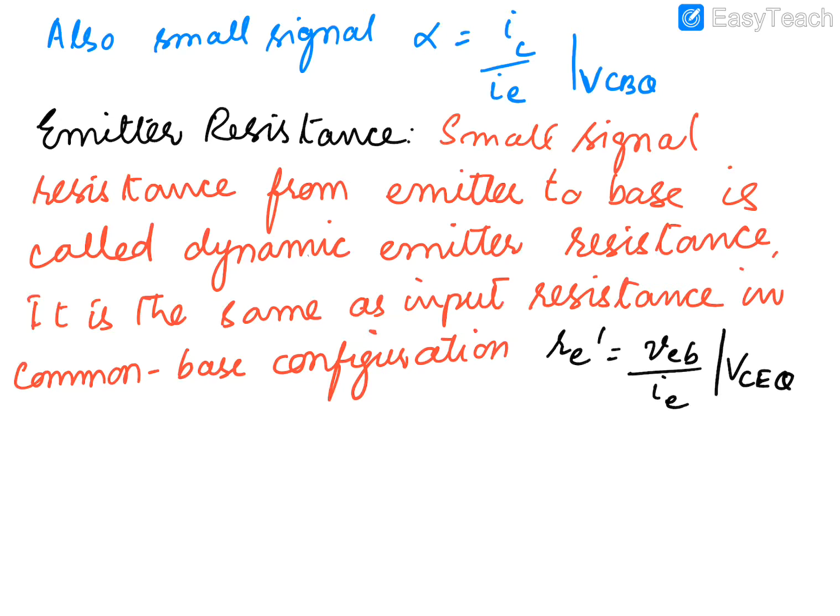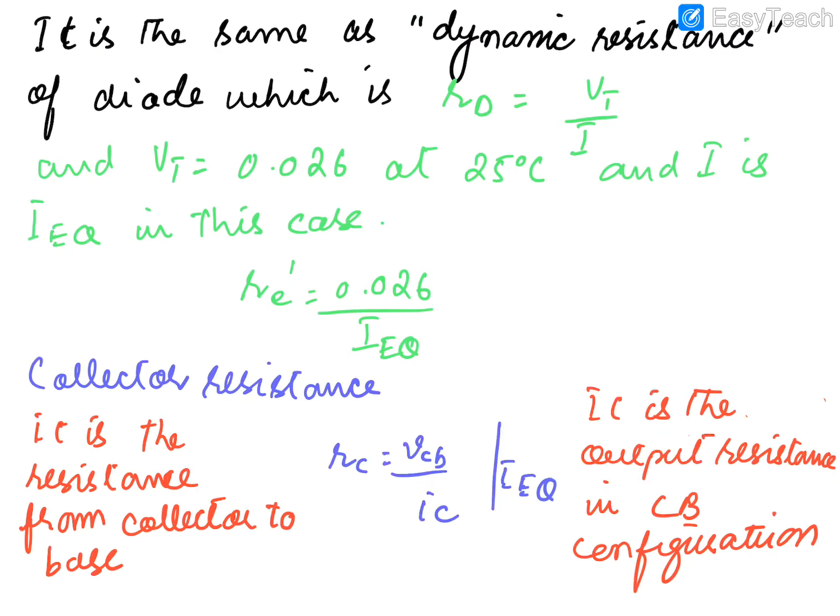This is basically the resistance of a forward bias diode. A forward bias diode has a dynamic resistance called RD, which is equal to VT, the thermal voltage, divided by I. VT is equal to 0.026, or 26 millivolt, at 25 degrees centigrade.